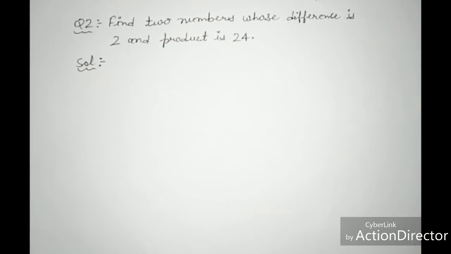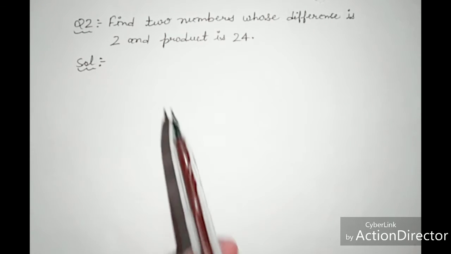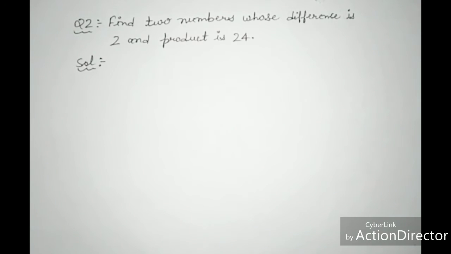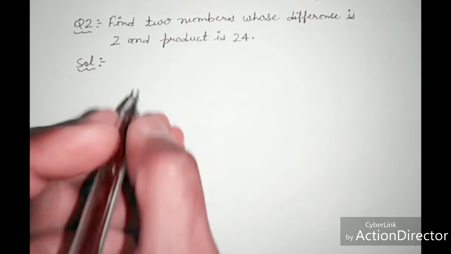Number 2: find two numbers whose difference is 2 and product is 24. So here we have to find two factors of 24 whose difference is 2 and the product is 24. First we find all the factors of 24.